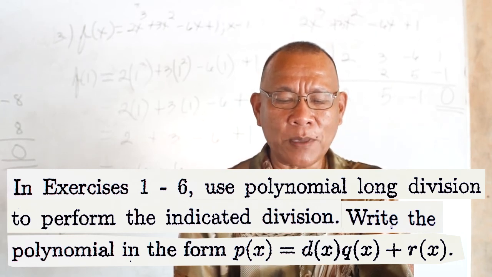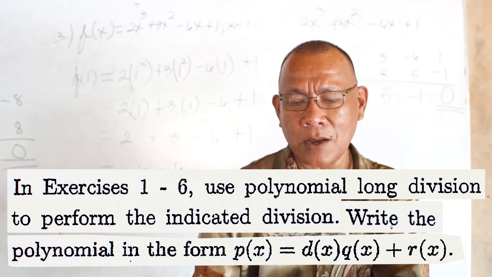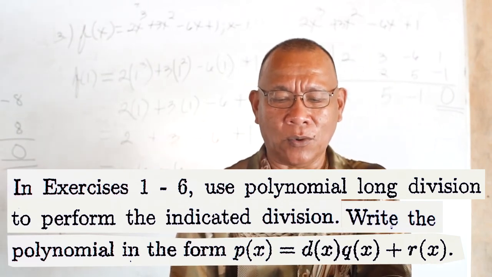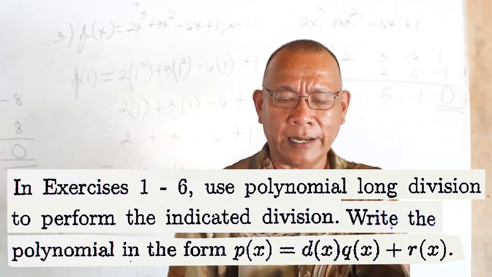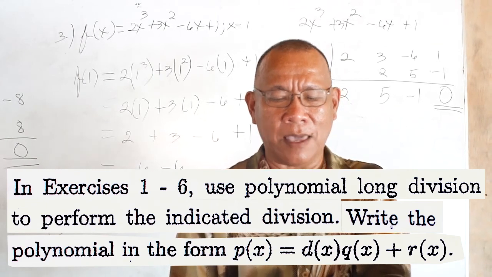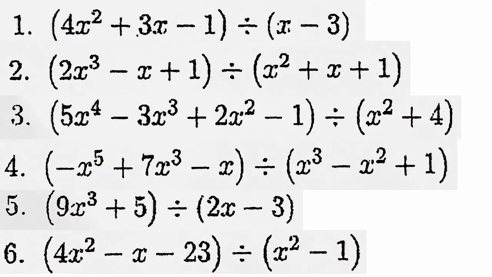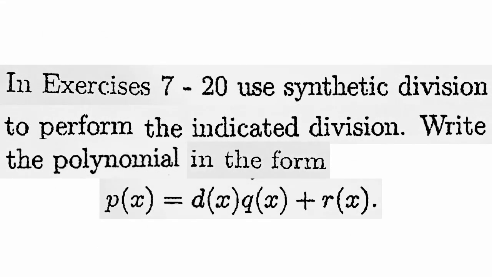Write the polynomial in the form of P of x is equal to D of x, Q of x plus R of x. Then for letter B, use the synthetic division to perform the indicated division. Write the polynomial in the form of P of x equals D of x, Q of x plus R of x.